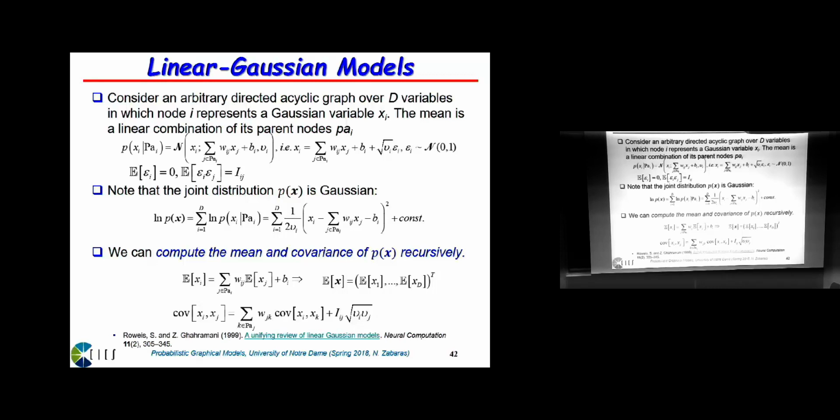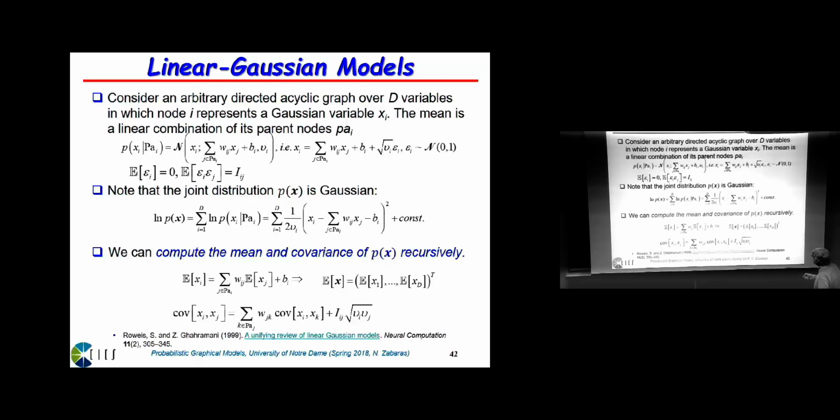So if you take the mean, here this is the mean of the conditional distribution of x given its parents. Actually, let me use this equation. The mean of xi is the summation over the parents of wij times the mean of xj, plus bi, plus the mean of the noise term, which is 0.